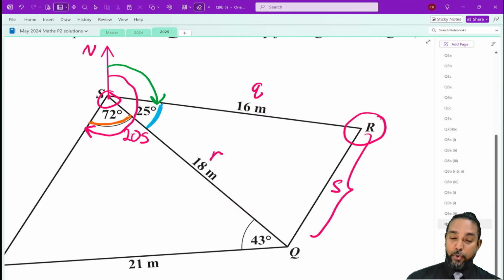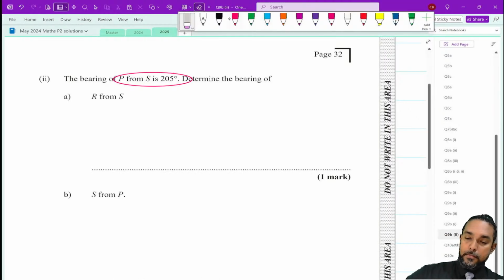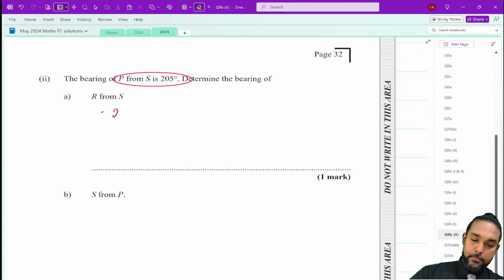So yeah, that's correct. So what we do is we add 72 and 25, and we subtract that from 205. What was it? It was 25 and 72, right? All right, so of course that's 97.